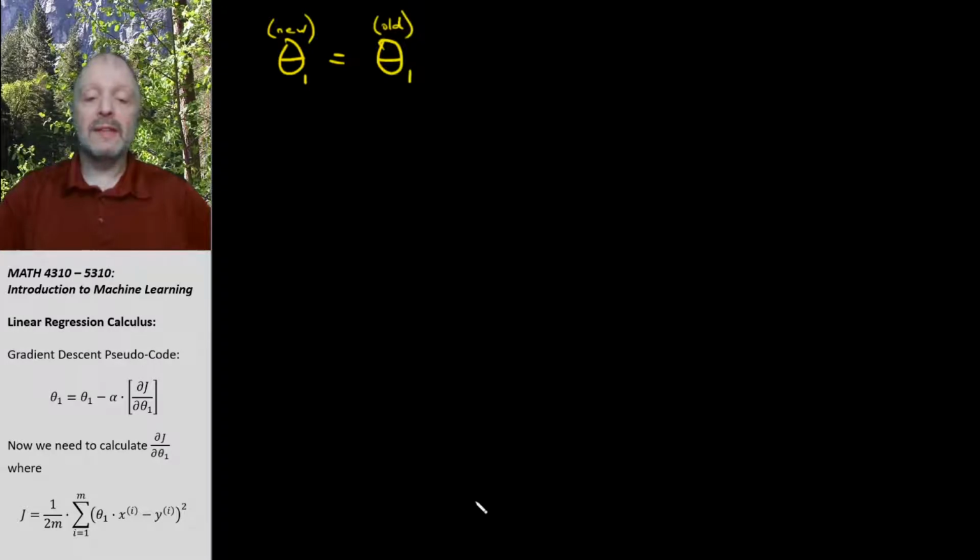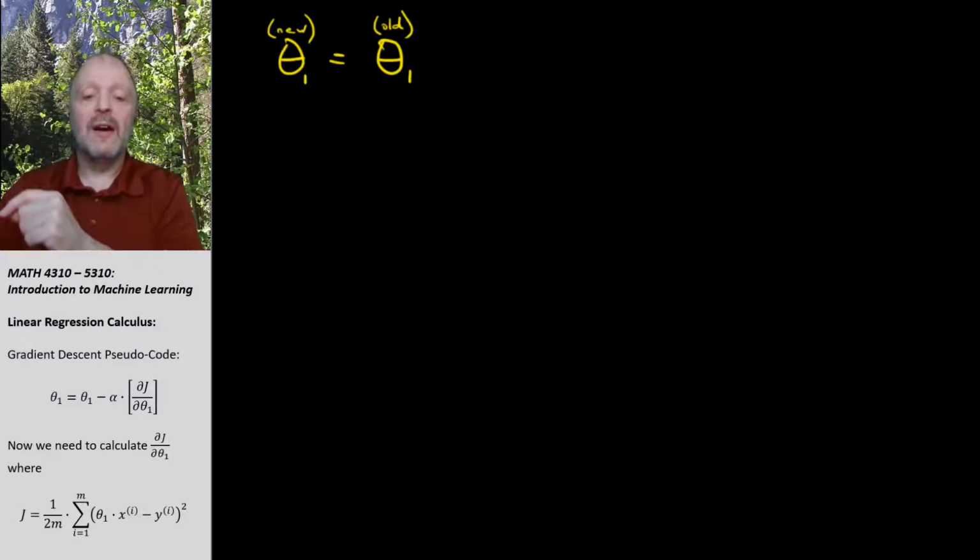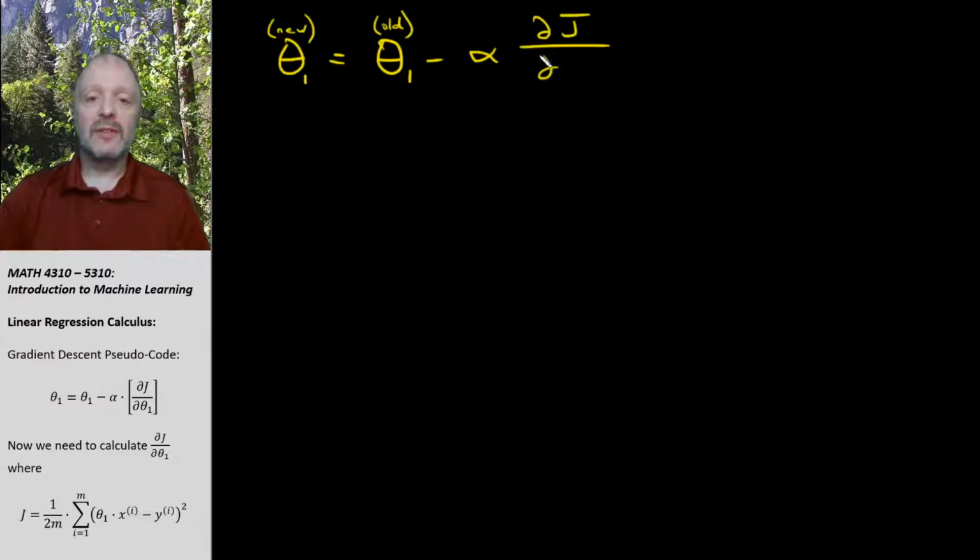So we're going to be updating the new one with the value of the old one minus alpha times the partial derivative of the cost function. Okay, so that is the bare bones of what we need to develop.